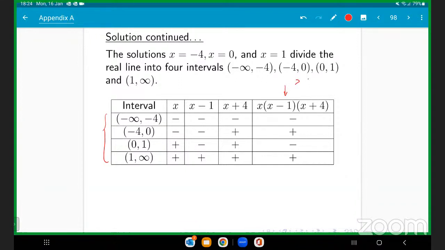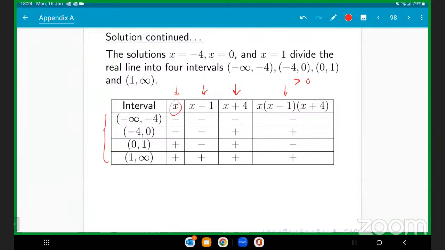Remember, we wanted it to be strictly positive. We need to allocate a column in the table for each given factor. And then we simply check the sign of these factors for each interval.